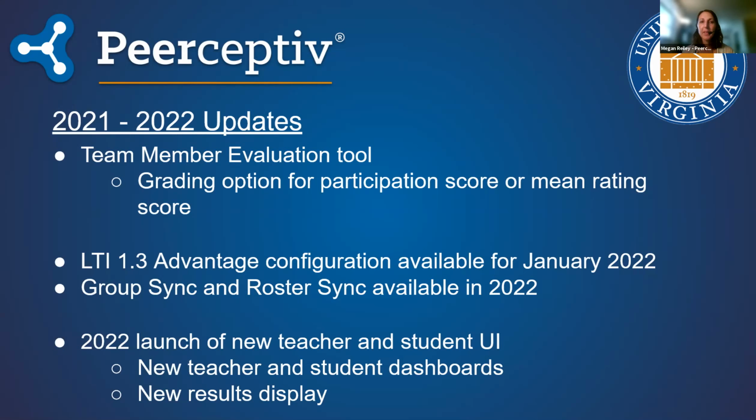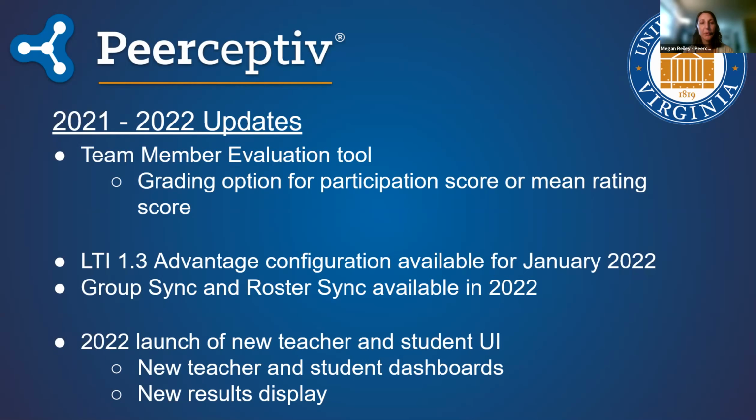Previously, this option with Peerceptiv was only available as participation, where either you did it and got 100% or you didn't and got a 0. We've now added the option that you can set it to be graded for students' performance. You can set it so they will receive their mean rating score from their classmates.